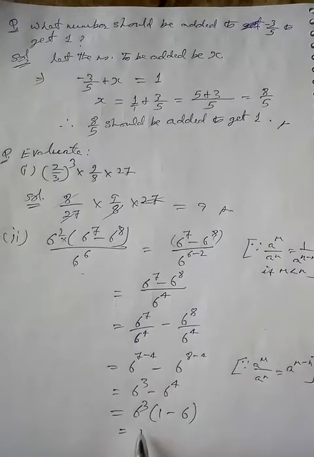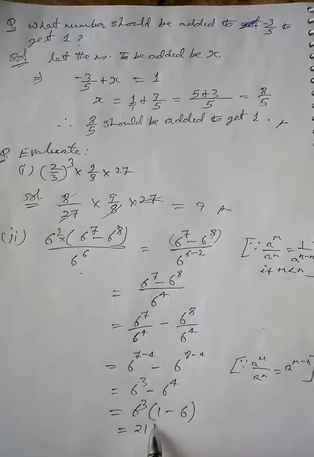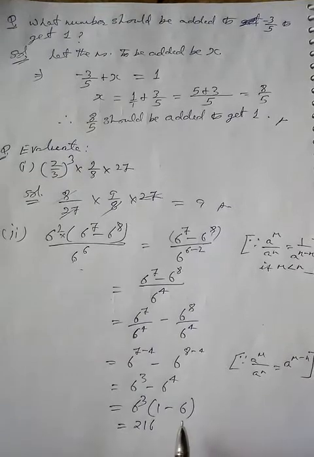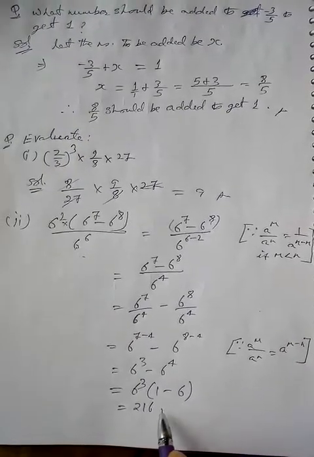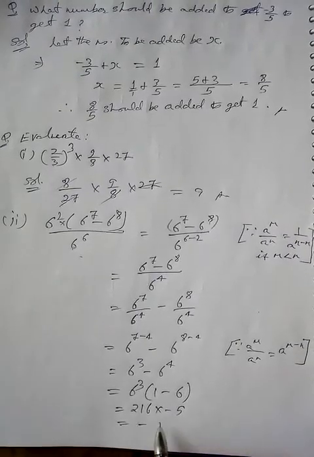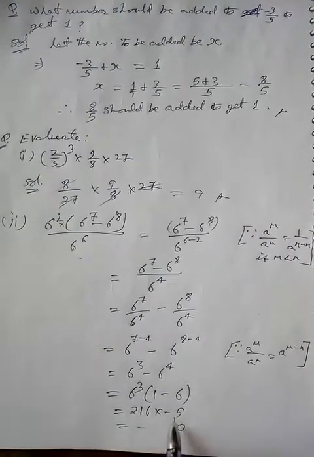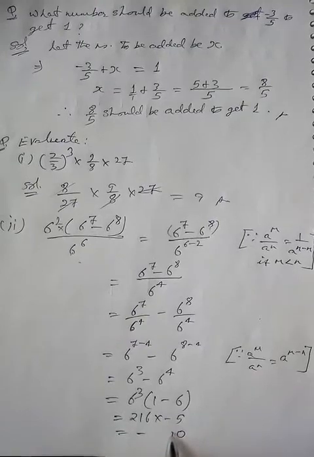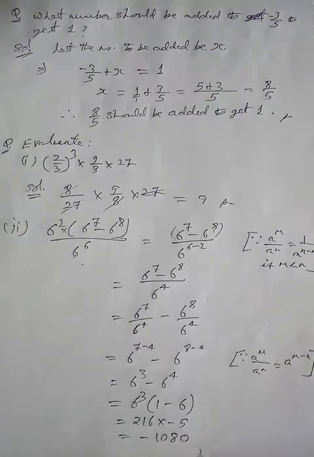So 6 raised to power 3 means 216, into minus 5. So minus 5 times 6 is 30, 5 times 1 is 5, and 3 plus 5 is 8, so the answer is minus 1080. This is your answer.